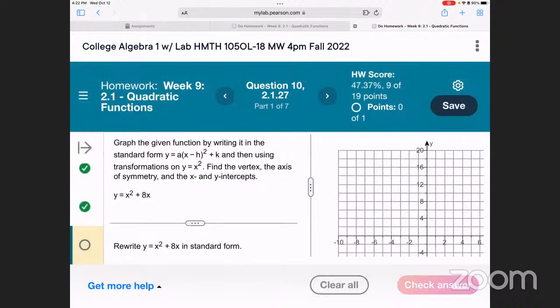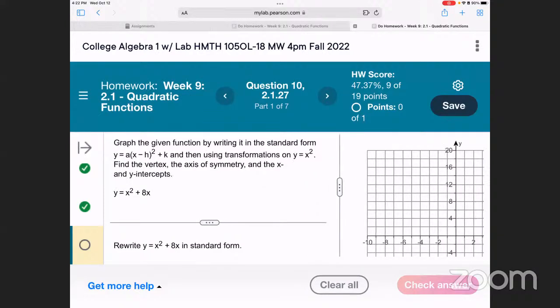Let's see. So we're asked to graph. Oh, we're asked to write this one in standard form. Okay, I think we need to take some notes on this one. Let's move this about here is good.